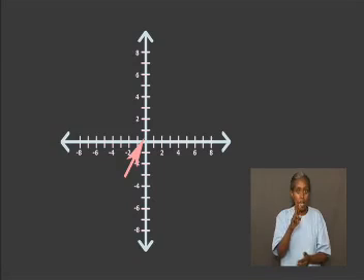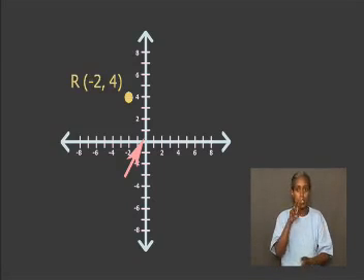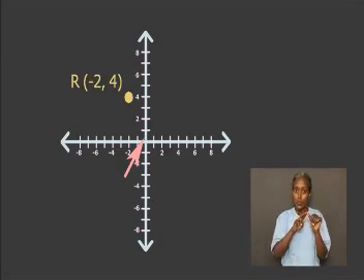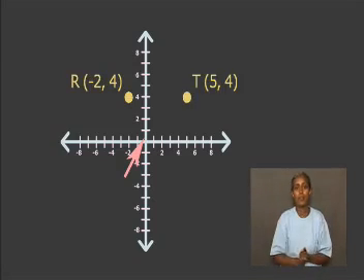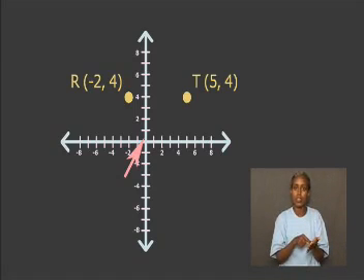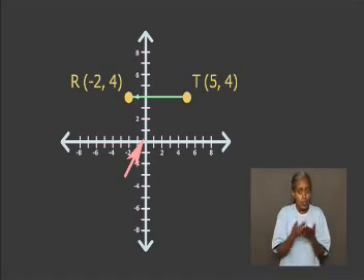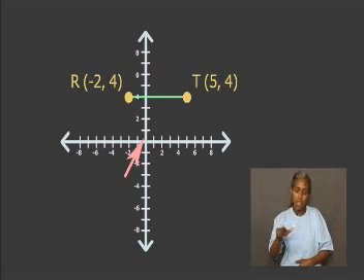R is a point that is 2 units to the left and 4 units up. T is a point that is 5 units to the right and 4 units up. If we draw a line between the 2 points, we can see that the line is horizontal.